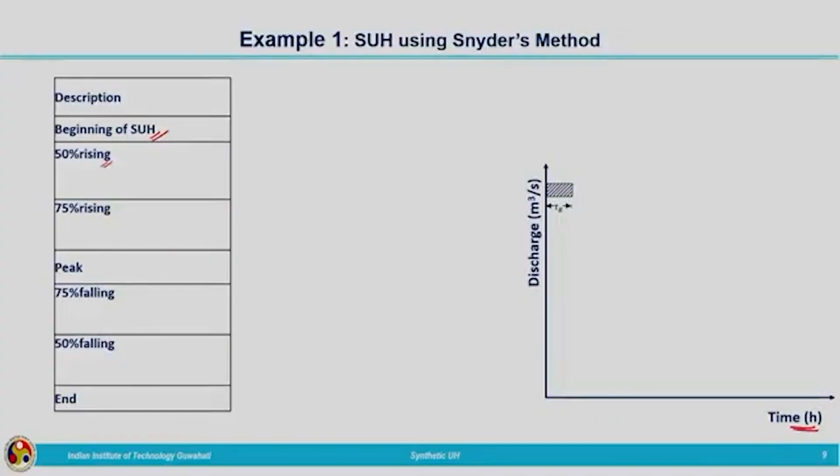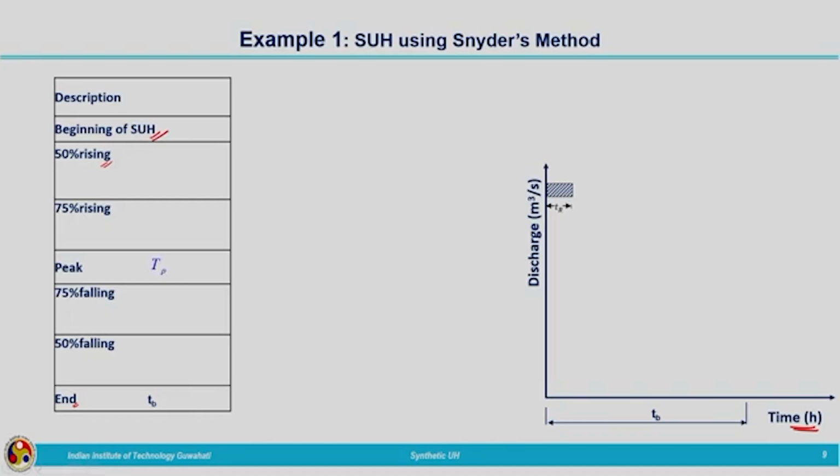In the similar way, 75% falling and 50% falling, and at the end we will have the ending of the synthetic unit hydrograph, corresponding to TB, the base time of the unit hydrograph. So, that base time can be marked first. How much is the base time corresponding to the unit hydrograph? This we have calculated. That can be marked over the figure.